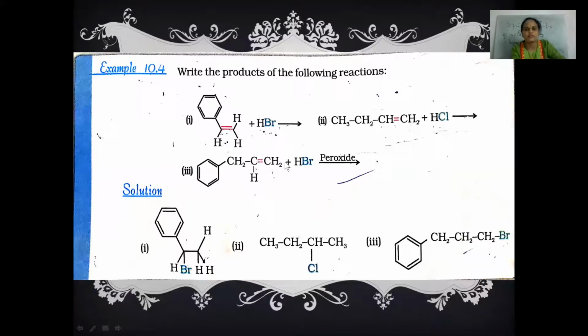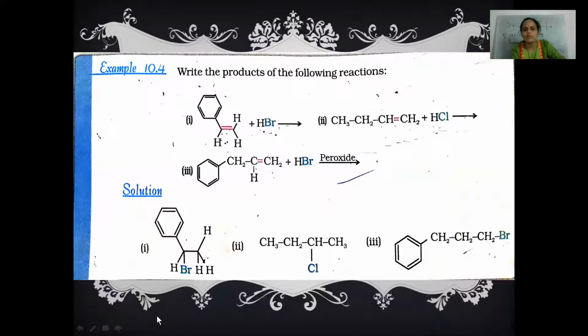Hope you follow. Look at the second one, CH3, CH2, CH double bond CH2. This is but-1-ene. On treatment with HCl, the negative part Cl minus goes to that carbon atom that is having less hydrogen atoms. So the product formed is CH3, CH2, CH, Cl gets added over to this CH, single bond CH3.